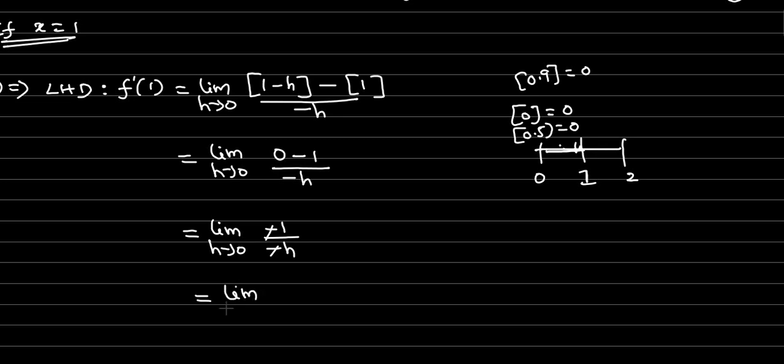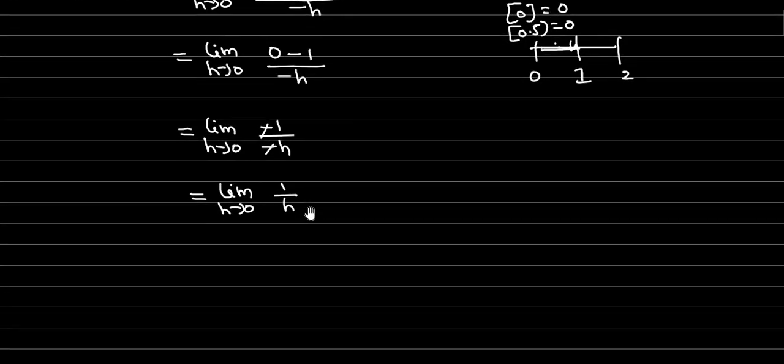Now limit h approaching to 0, 1 by h. Can we do further simplification? No. Then let's apply the limit value. If h is approaching to 0, that is 1 by 0, which is undefined. So the left hand derivative result we are getting is undefined.